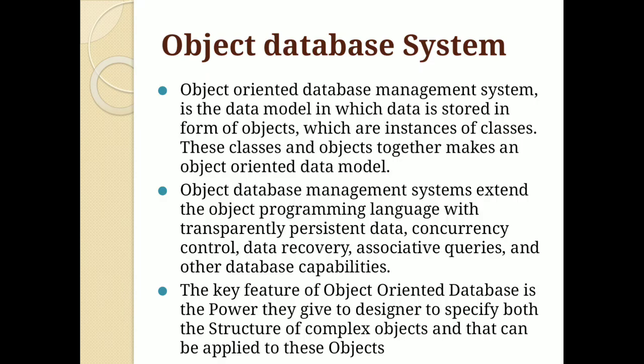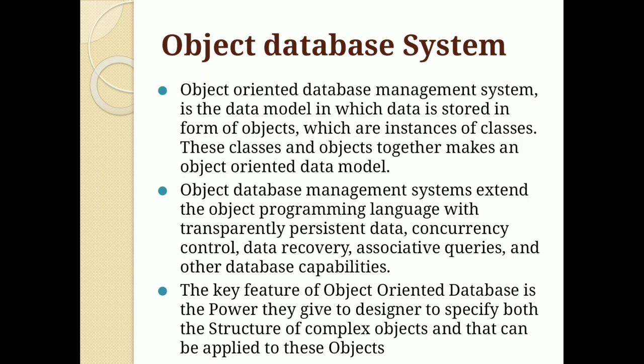But firstly, we know what is object database system. Here is the basic introduction of object-oriented database system. Now, object-oriented database management system is the data model in which data is stored in the form of objects, which are instances of classes. These classes and objects together make an object-oriented data model.